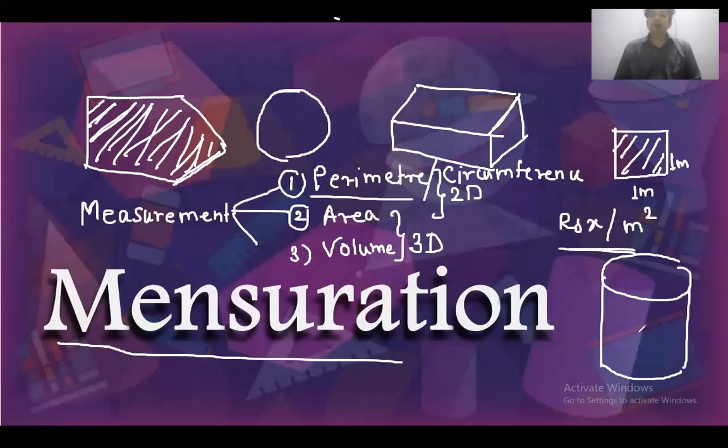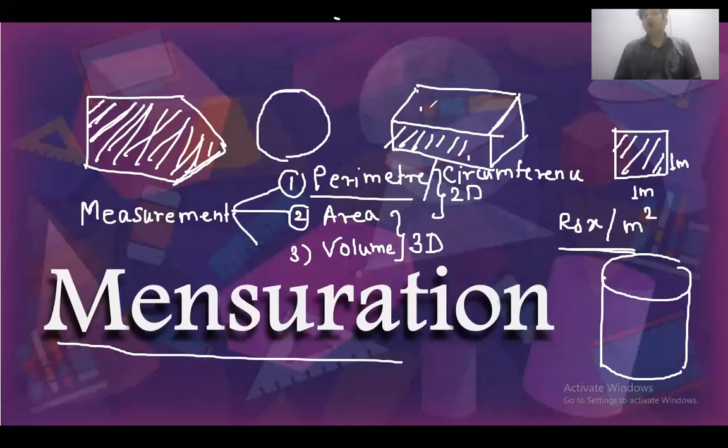So as I said, perimeter and area are applicable for two-dimensional objects. Perimeter is not applicable for three-dimensional objects. So for three-dimensional objects, we'll be finding only area and volume. But for a three-dimensional object, when I say area, it is not just the area of one surface, because if you see this cuboidal tank, it has got 6 different faces.